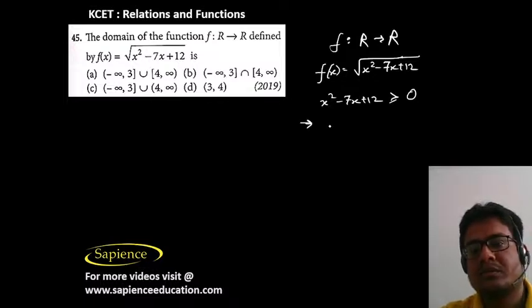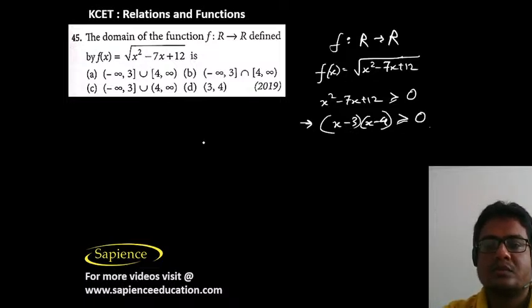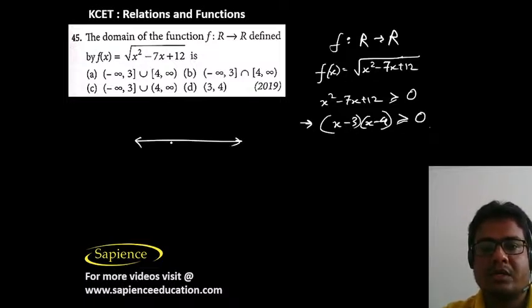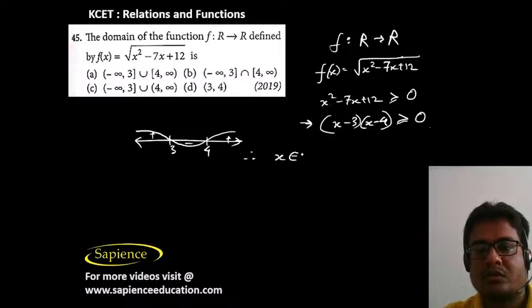If we factorize it, we get x minus 3 into x minus 4 greater than or equal to 0. On the number line, this is 3 and this is 4. If we take a value more than 4, it is positive. So positive, negative, positive. Therefore x should belong to the interval minus infinity to 3 union 4 to infinity.